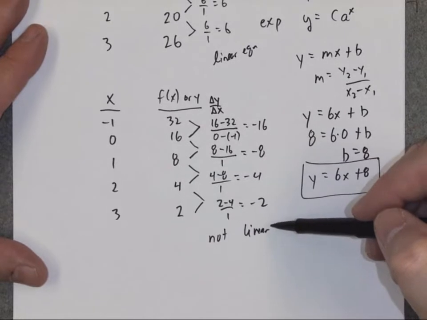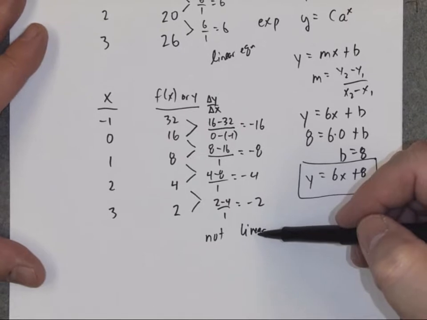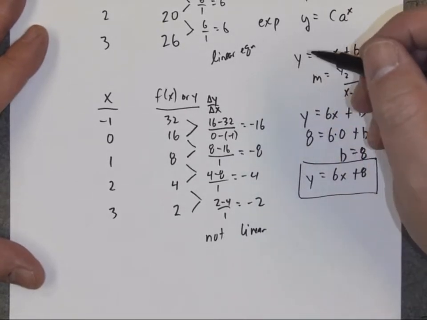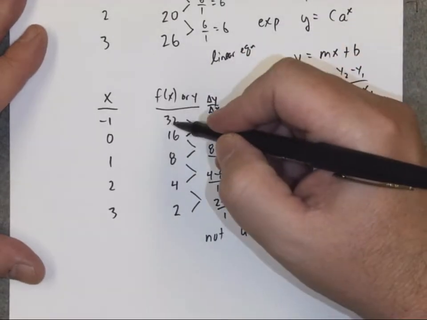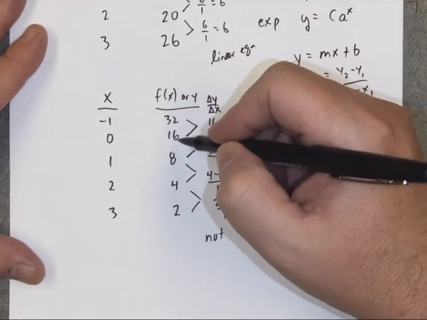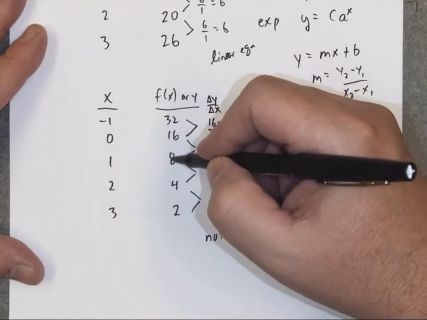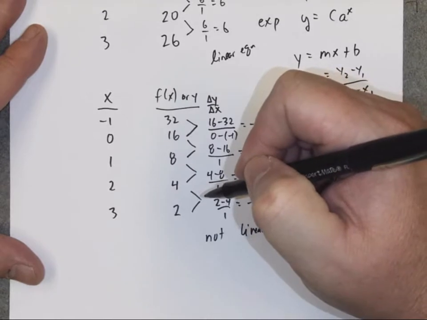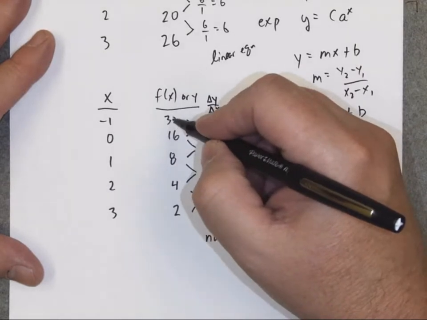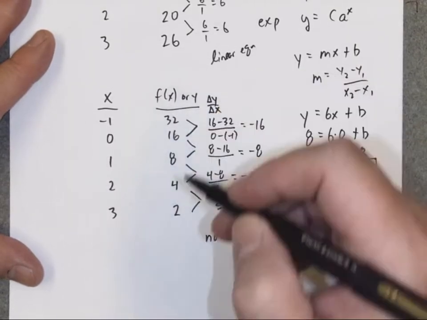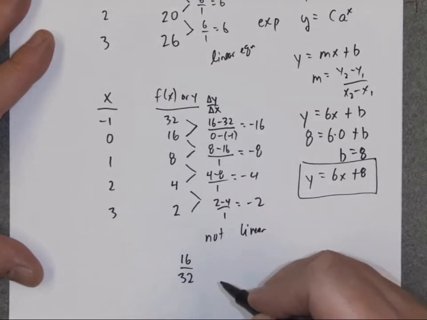It's not linear. The next thing you do is you go and check to see if it's an exponential model. And the way you check for an exponential model is you simply look at the y's here and you take the ratio or fraction of how your y's change. By that I mean you take your final y divided by the initial y.